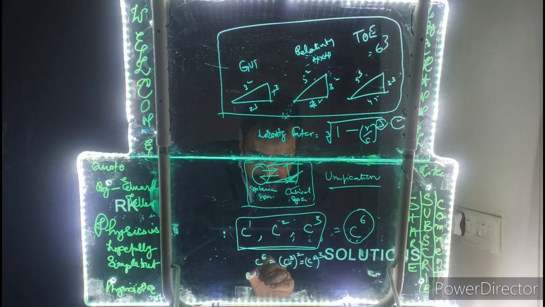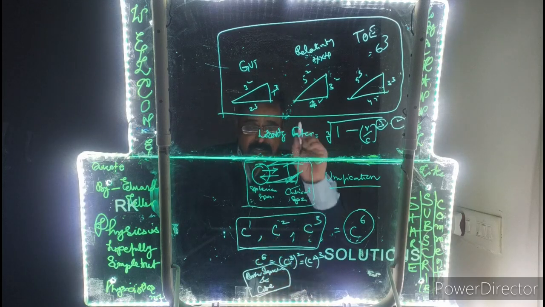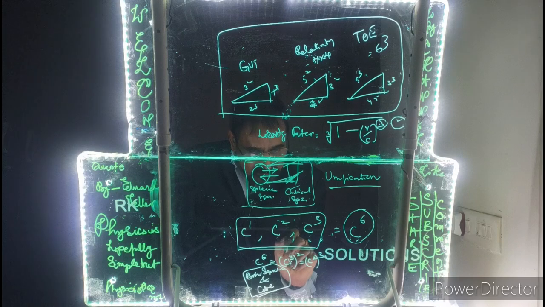That is, this is both square and cube. In the sense, the parts of c raised to 6 can exist either in the form of a cube or a sphere. So this is the combination.